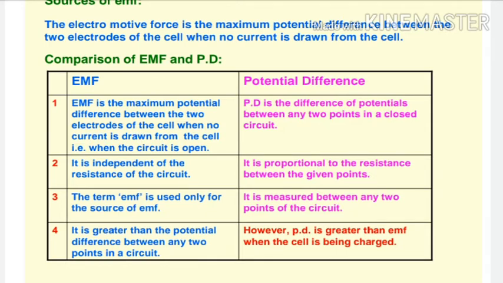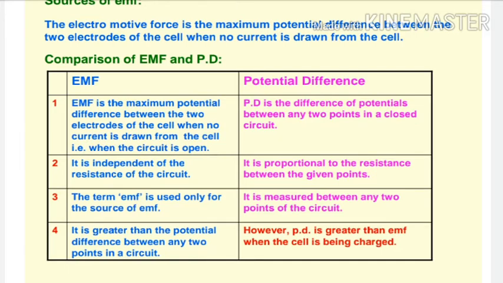Now the third comparison is that the term EMF is used only for the source of EMF, and the term potential difference is used for measurement between any 2 points of the circuit.